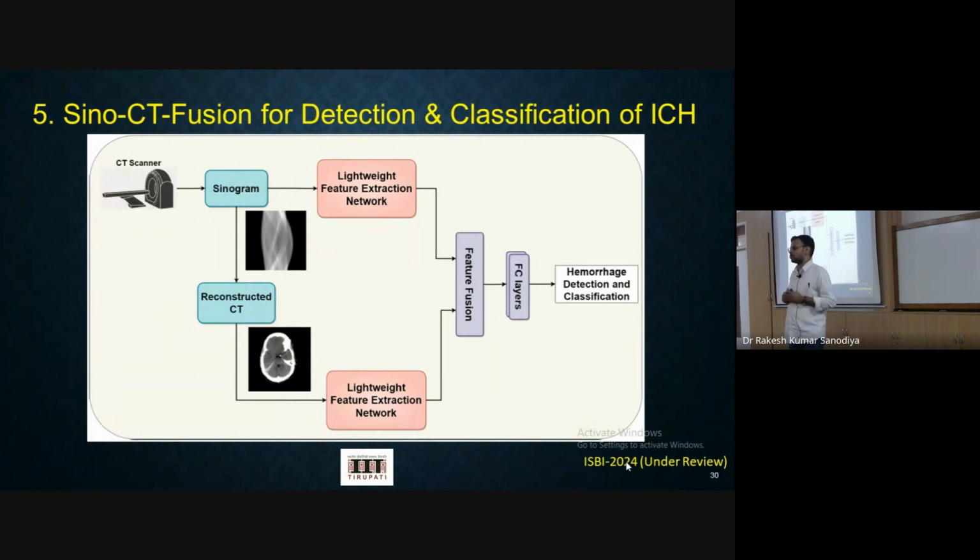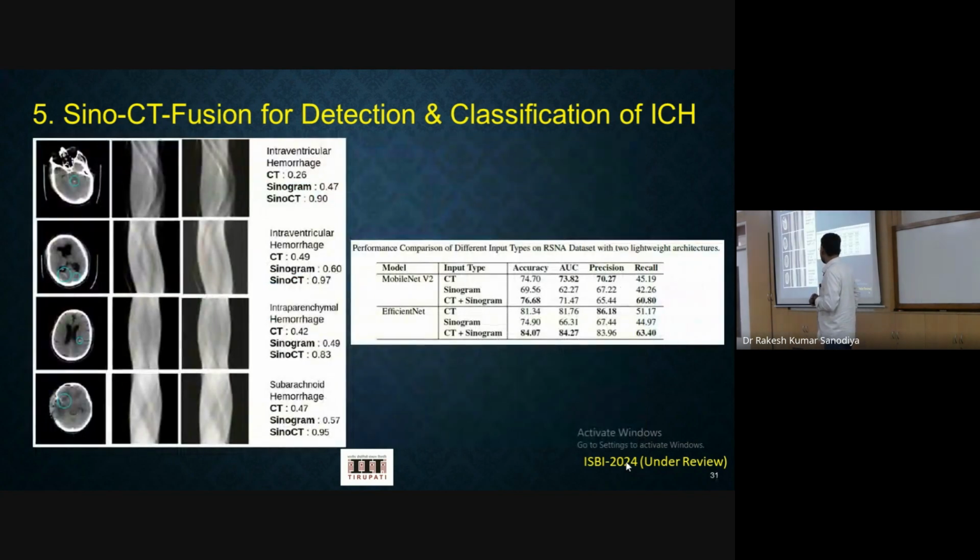Suppose I have this amount of data and the least computational resources. So the idea was to extract features separately from the sinogram and the CT, combine them, and use a lightweight architecture. Will that improve my overall results compared to the sinogram and CT integration? That's the idea.